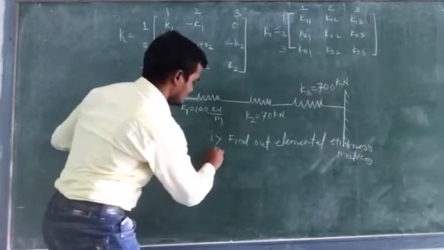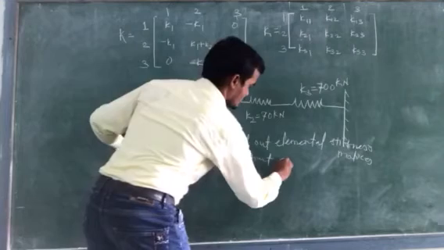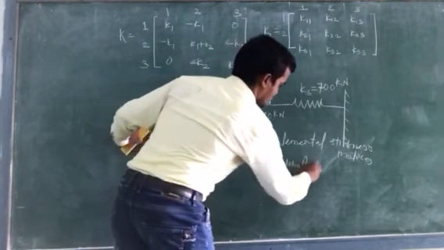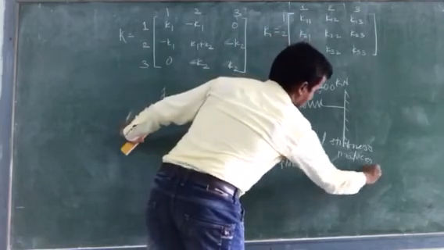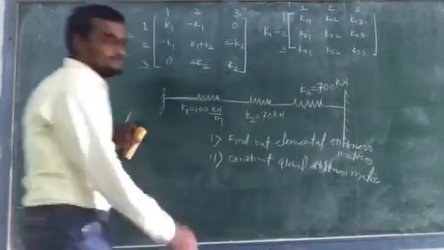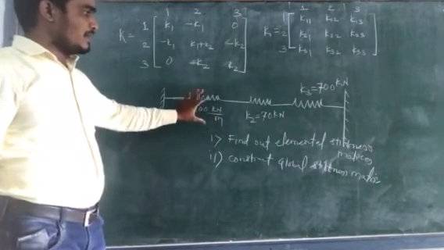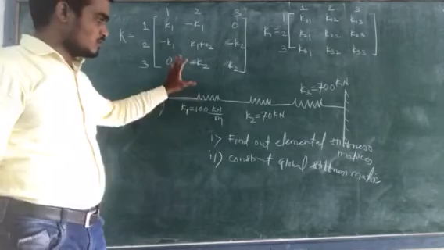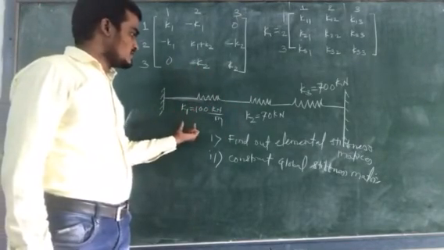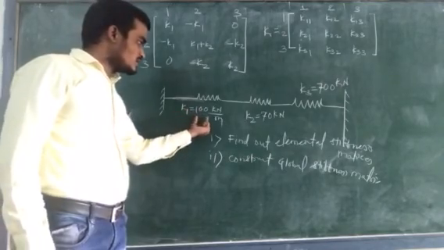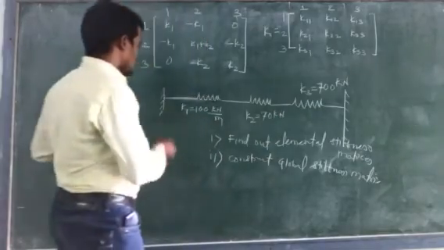And the second one is to construct the global stiffness matrix. Okay, so this is your homework, and I will construct the global stiffness matrix in your next lecture. But try to construct your global stiffness matrix by using this: K1 is equal to 100 kilonewton per meter, K2 is equal to 70, and K3 is equal to 700 kilonewton.